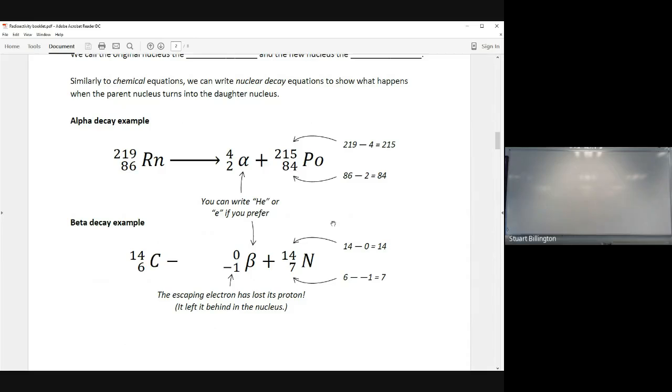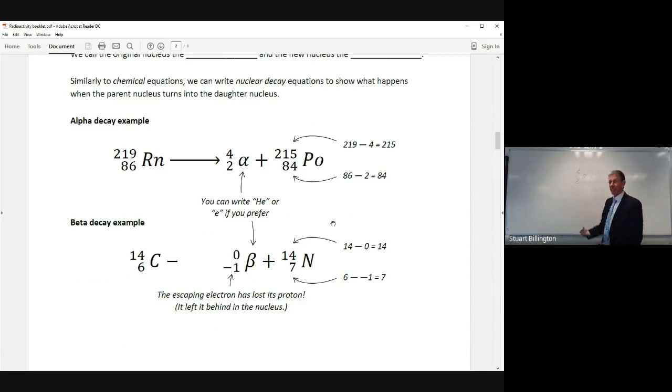Now slide your eyes across to the beta. When we wrote 4-2 for the alpha, like this, that really does genuinely mean that the alpha particle has got 2 protons, and it's also got 2 neutrons, so 4 things altogether.